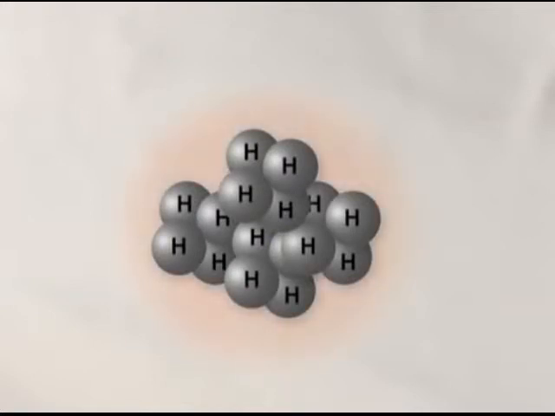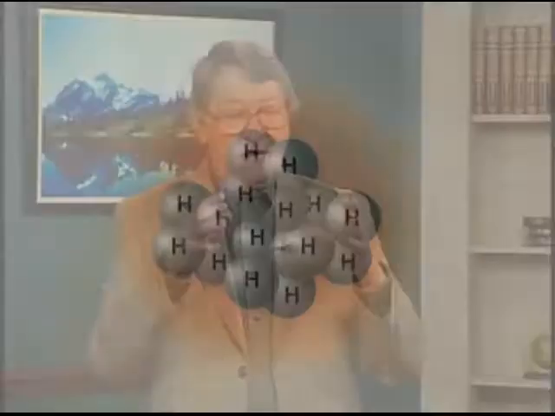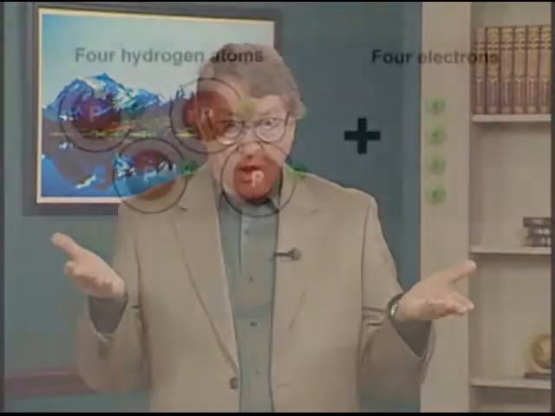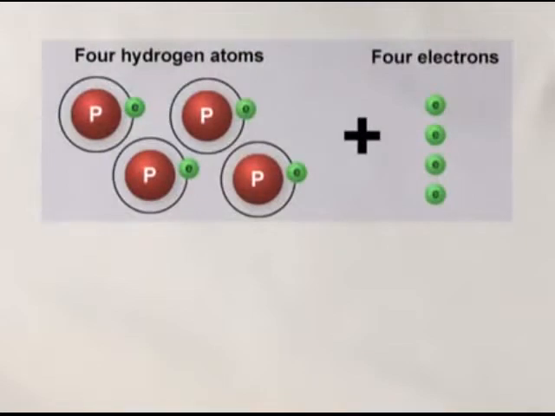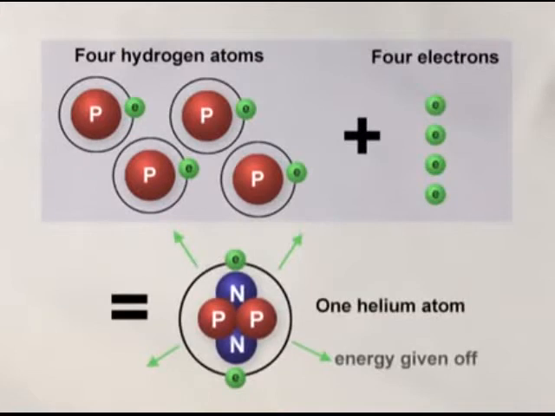and as they collapse down, some of that gravitational energy is being converted into heat. And they say that whenever the heat got up to about 15 million degrees in whatever measurement you want, what happened down in the core is 4 hydrogen atoms got together with 4 electrons to form 1 helium atom.